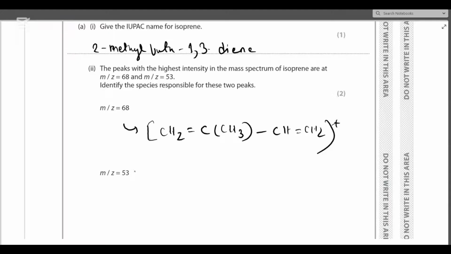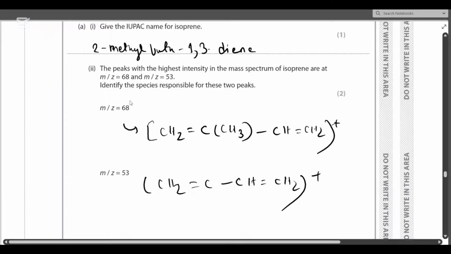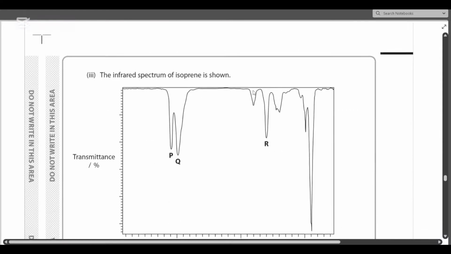Again, for 53, it is CH2 double bond C. The methyl group goes away while the rest of the molecule remains the same. So these are the two species responsible for these two peaks in the mass spectrum of isoprene.